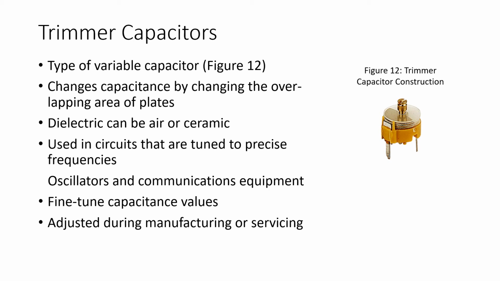And again, the value of capacitance is changed by changing the overlapping area of the plates. Looking at the capacitor in figure 12, you can see that the plates are nearly half circles. So as you rotate the shaft with a screwdriver, you change the overlapping area of the plates.